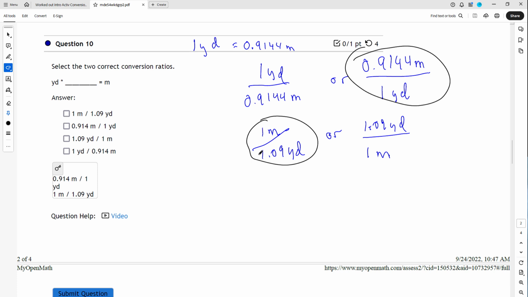Okay. So how did they get to that? Well, what you can do is, if you have 0.9144 meters, and I divide it by 0.9144, all that's divided by, and on the bottom I'm going to have 1 divided by 0.9144 yards.